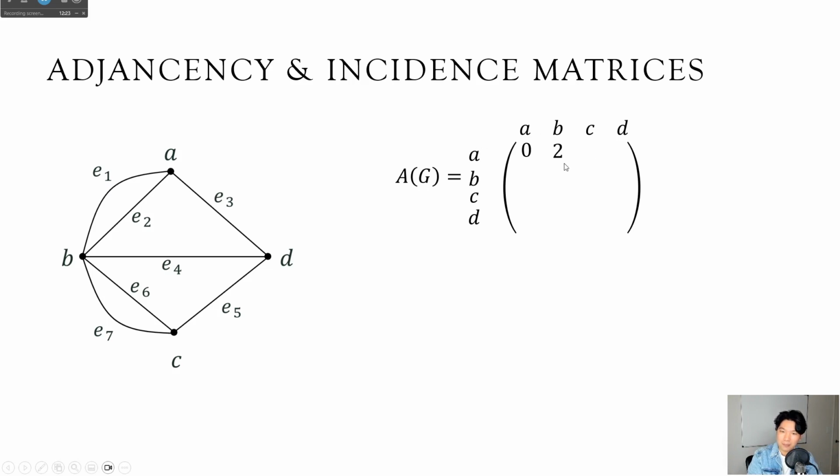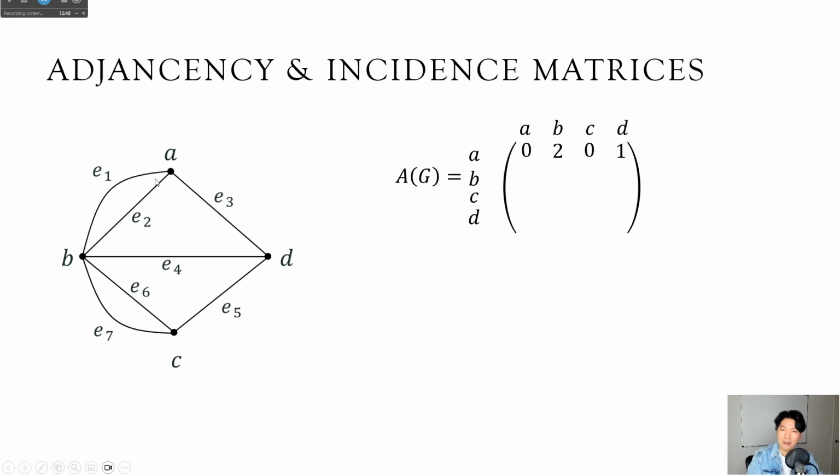For A and C, if I go to A and I look at C, these are not directly connected. So I'm going to go ahead and put a 0 there. Same thing for A and D. If I do A and D, they're connected by a single edge. That means I'm going to go ahead and put a 1 down. And now I can do the same thing for the rest of these entries.